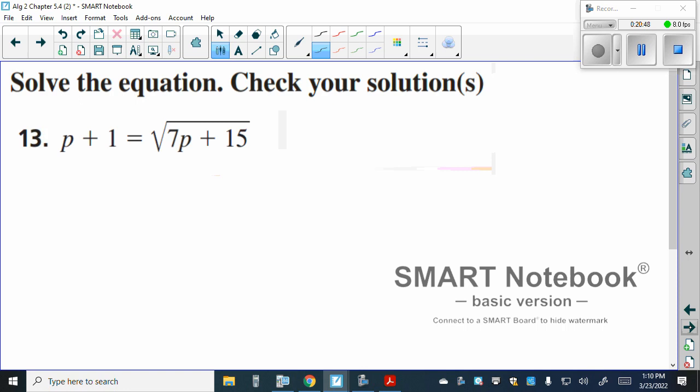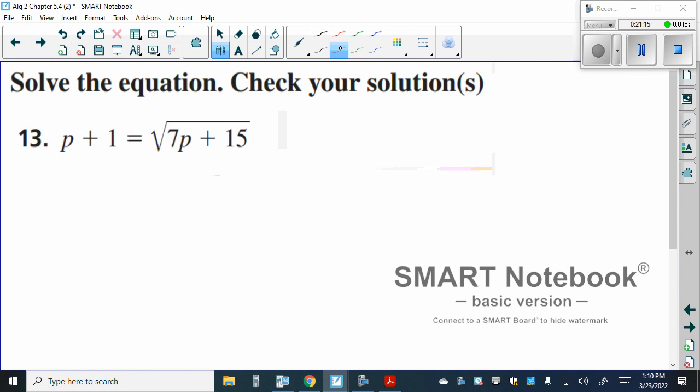This here is the last type that we're going to look at today. And the reason that this one's different than what we've done is this one does have a variable outside of the radical and a number with it. A variable and a number with it. And whenever we solve these, we're not doing anything different than we've done. The steps that we did yesterday and the steps that we've done so far today are still going to hold true.